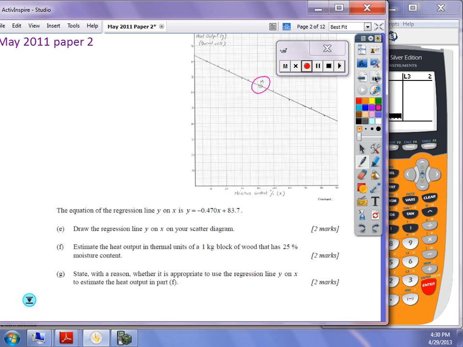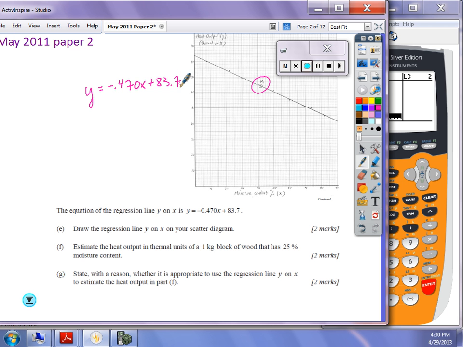If I go back to the graph, you can see that the line of best fit, which is actually given to you in the problem, is marked then on the graph. Here's the way you should graph that line. Look at your equation. Y equals negative 0.470x plus 83.7.